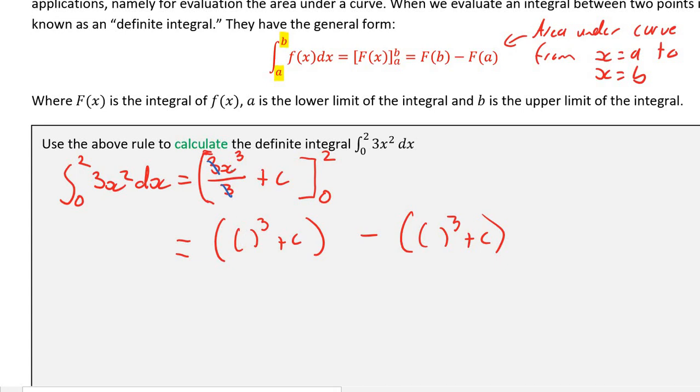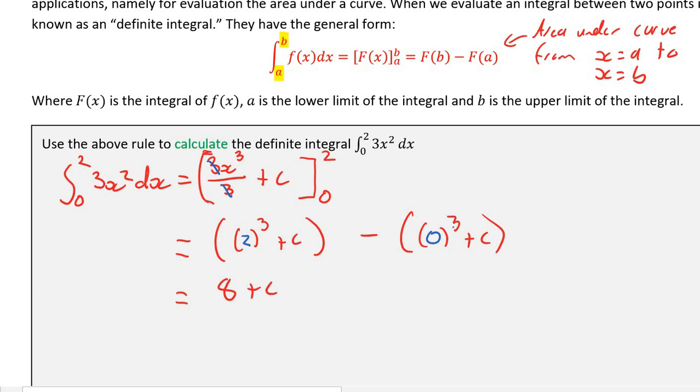So instead of x cubed, what am I going to have in my first bracket? 2 cubed. And instead of x in the second bracket, 0. Once you've subbed in the values, you don't worry about the square brackets. The square brackets are mostly there to remind you to keep your bounds in mind. So my first bracket would be 8 plus c.